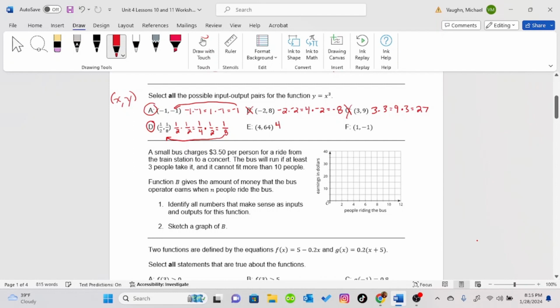E, we have 4 times 4 equals 16, and 16 times 4 equals 64, which is the y value, therefore E is correct. And finally, F, 1 times 1 equals 1, and 1 times 1 equals 1, but the y value was -1. That does not match, so F is not a correct answer.